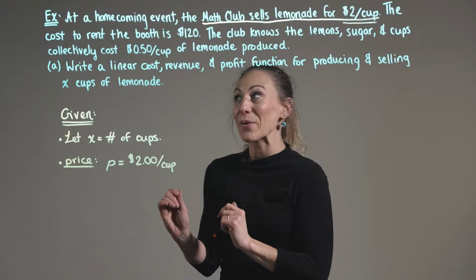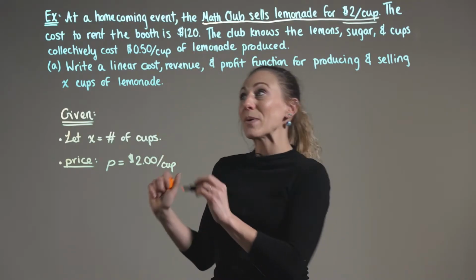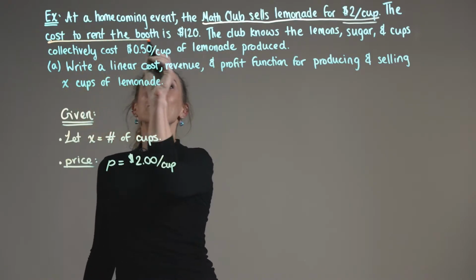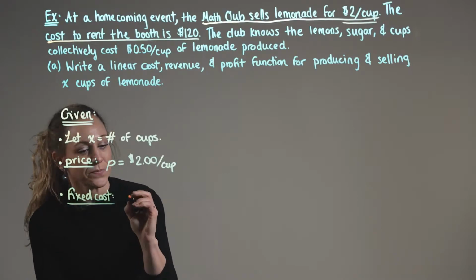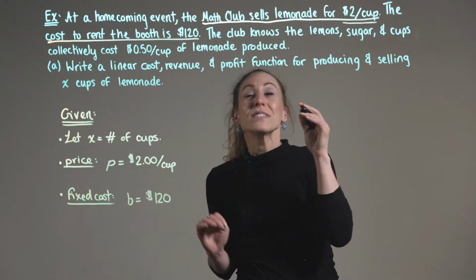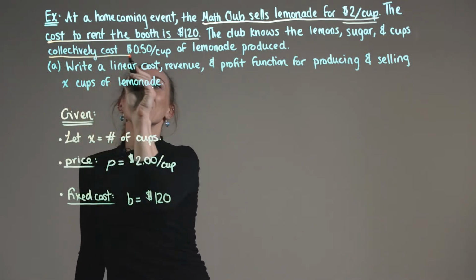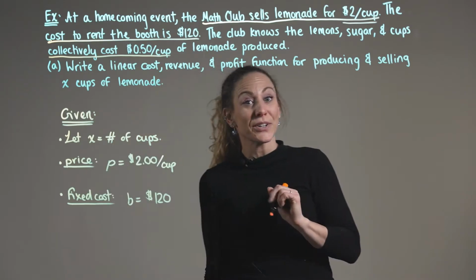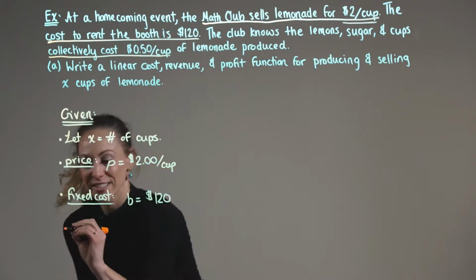Now, we also know that it's going to cost the math club a fixed $120 to rent a booth at the homecoming game. And last but not least, the club knows that the supplies are going to collectively cost 50 cents per cup. So this is going to be our variable cost.